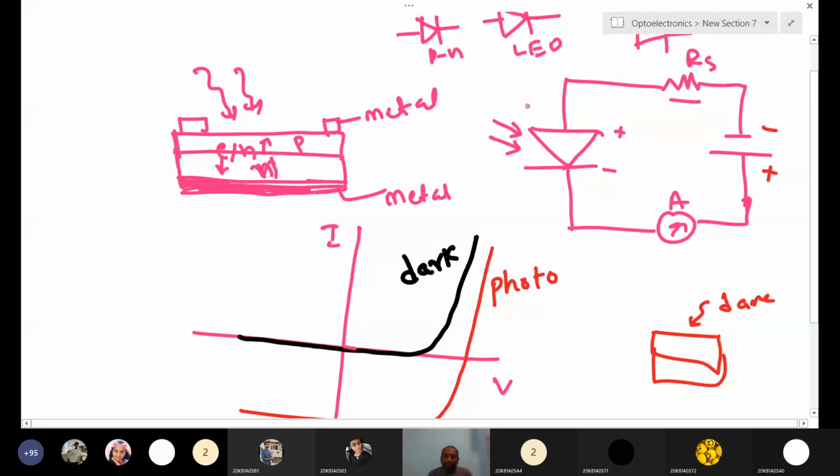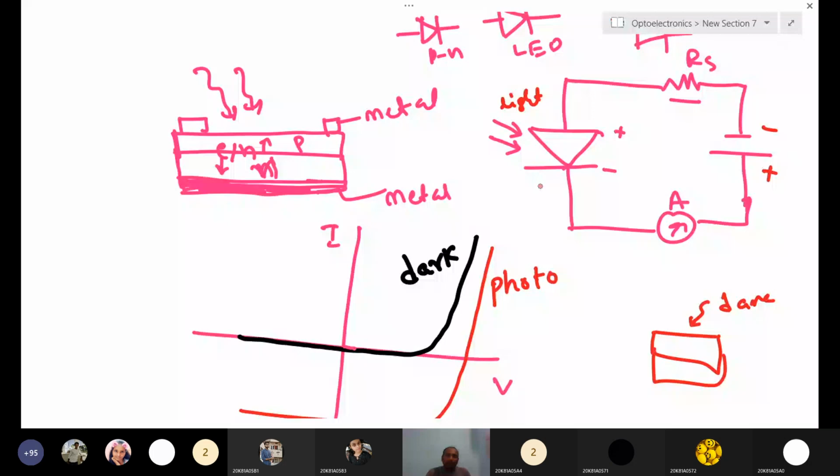After that, you shine your light on the device. Once you shine the light, there is a generation of electron holes. These generated electron holes we call photo carriers. Photo means light, and carriers means electrons or holes. They are generated by light, that's why we call them photo carriers.